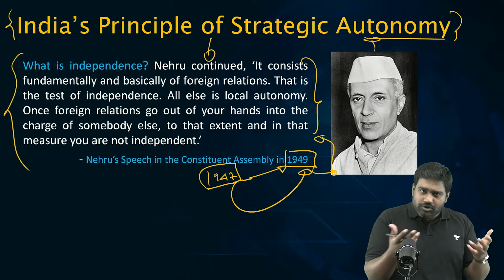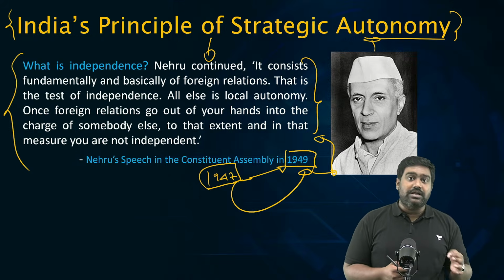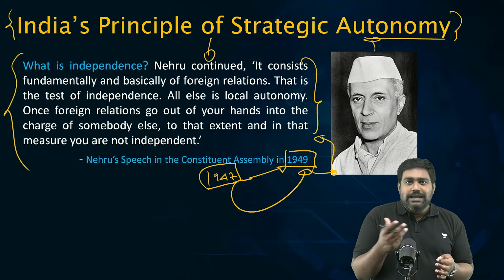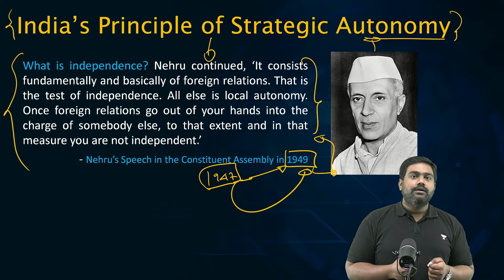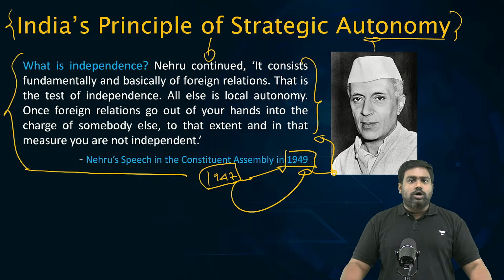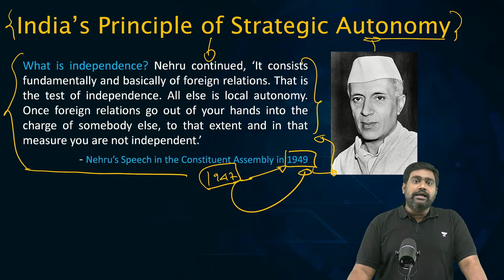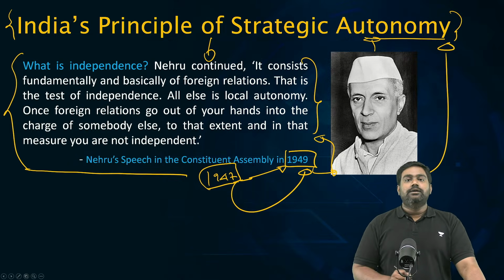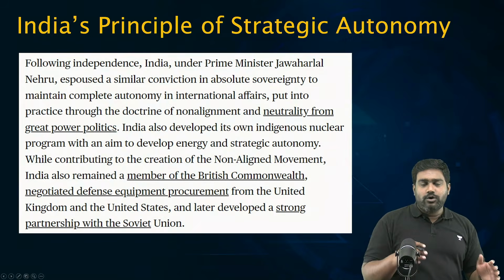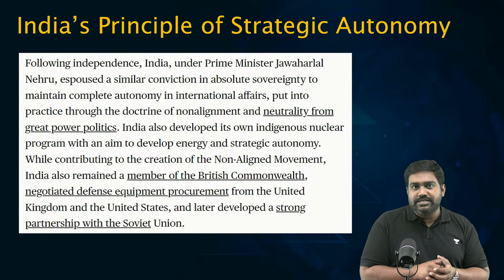Then it means you're not truly independent. If you can't make your sovereign choices in foreign relations, then independence has no meaning. Is that clear? This was the statement that was brought out by Prime Minister Nehru, and that underlines the founding ideals of our foreign policy. So credit goes to Prime Minister Nehru for establishing the independent, autonomous nature of our foreign policy.